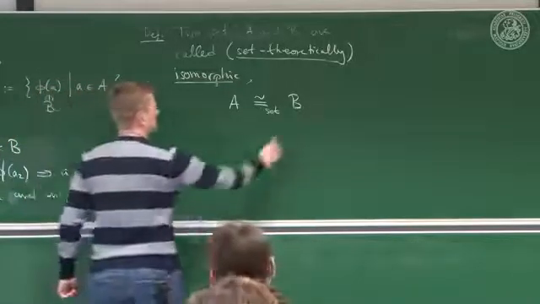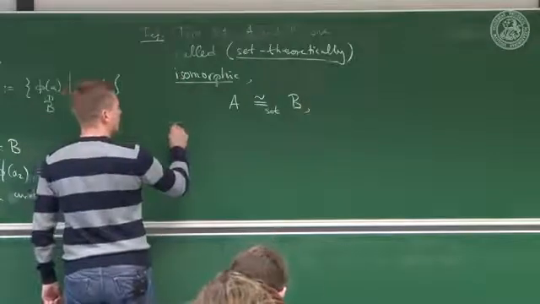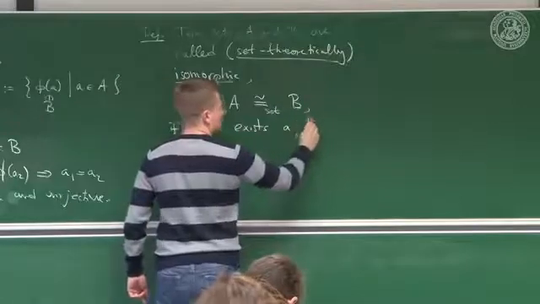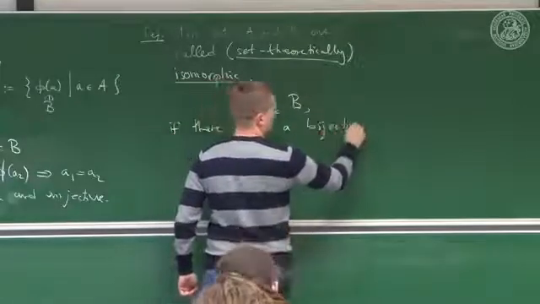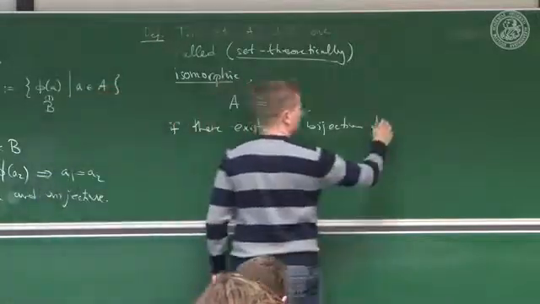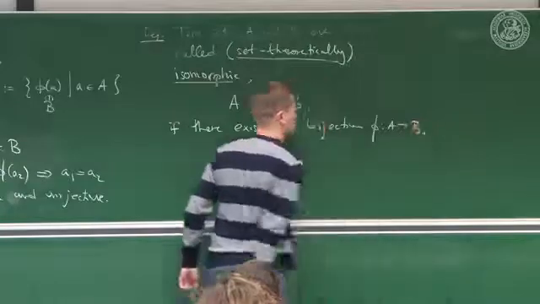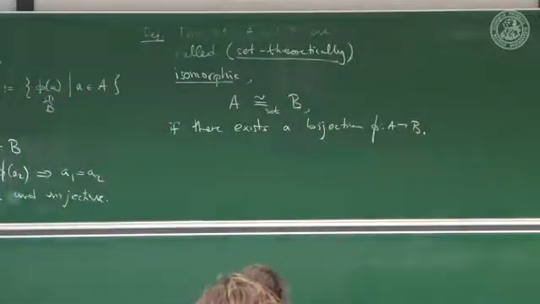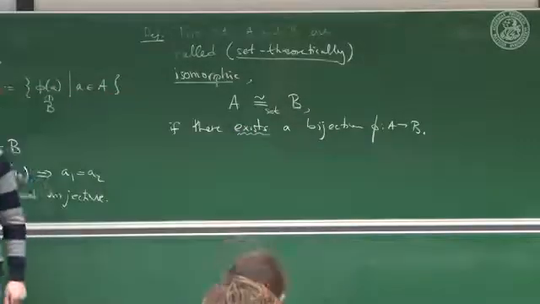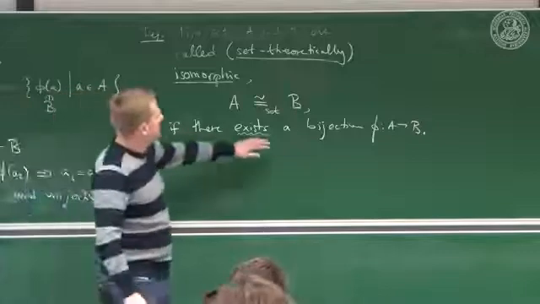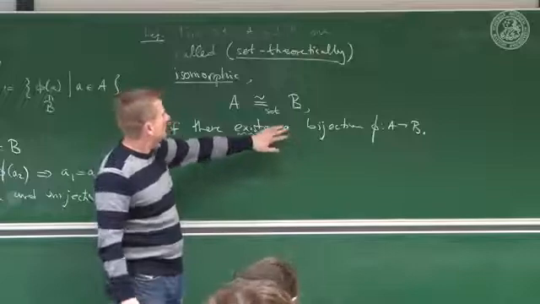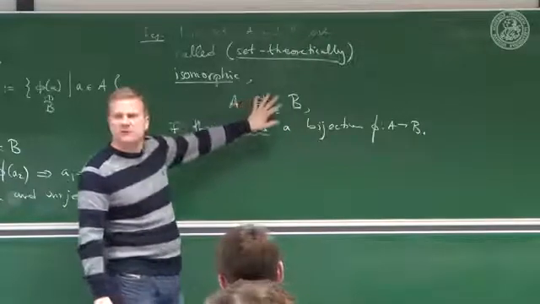It's called isomorphic if there exists a bijection, let's call it phi, from A to B. Now you see, we just require the existence of some bijection. And by not asking for a particular bijection, how would we? Actually, this becomes a property of the two sets.